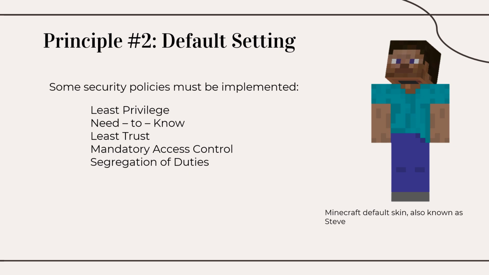Then there's least trust, which means that if you must trust something, first, minimize the amount of things, be it people, processes, machines, whatever. Minimize those elements you have to trust. Make it as low as possible.